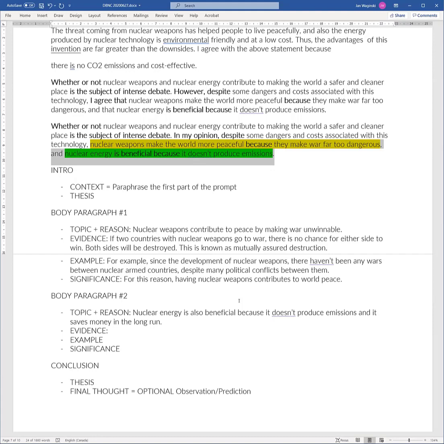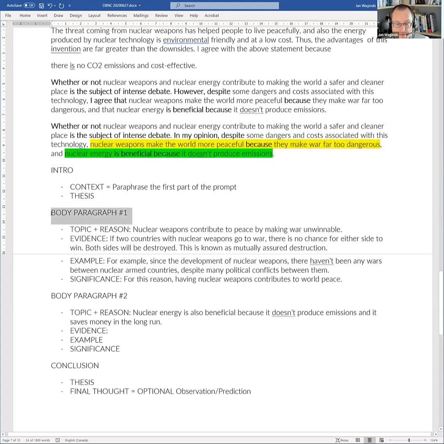Thank you. So yeah, our first body paragraph is the benefits of nuclear weapons. They contribute to peace. And our second body paragraph is about the benefits of nuclear technology, nuclear energy, because it's good for the environment and it's cheap. Okay, so we've got 2 arguments here.